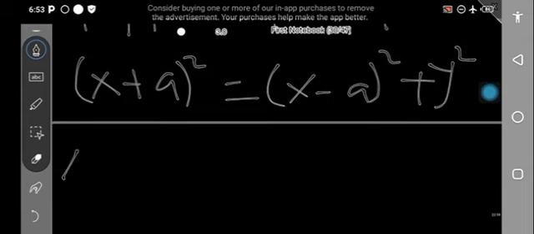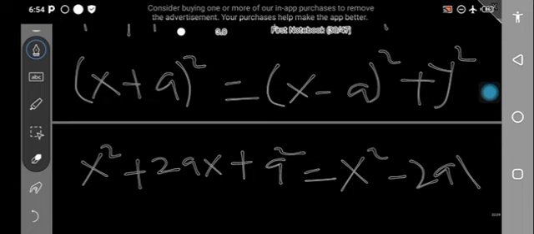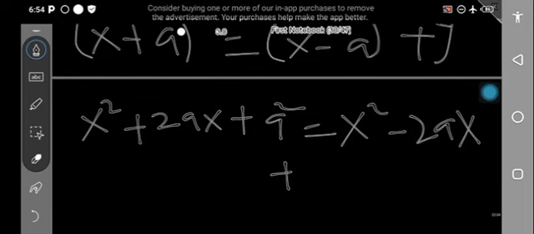Let's expand the brackets. We have x squared plus 2ax plus a squared equals x squared minus 2ax plus a squared plus y squared.